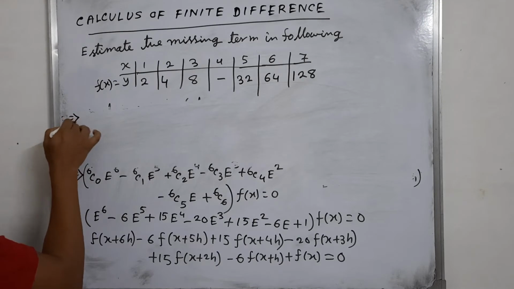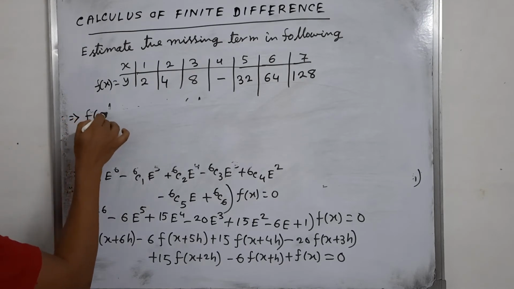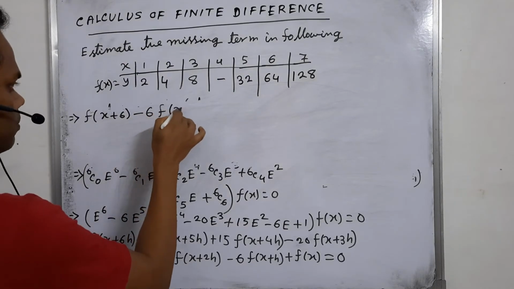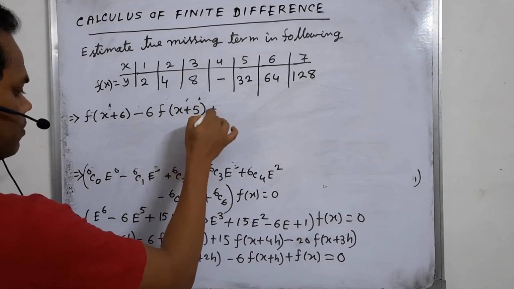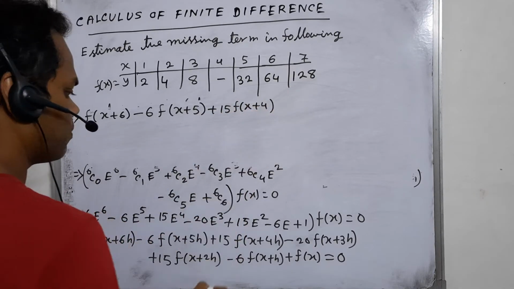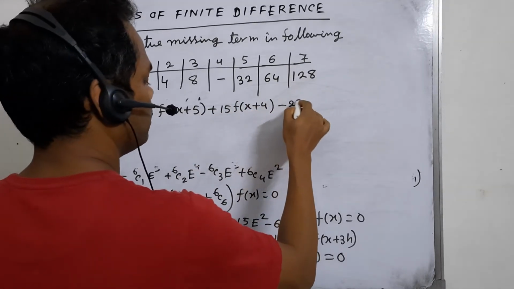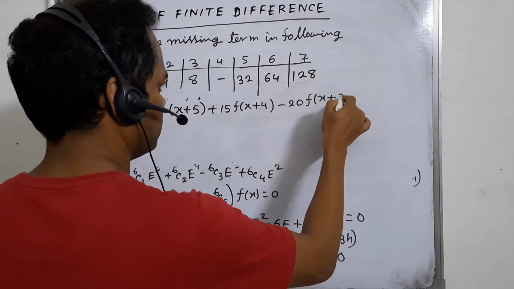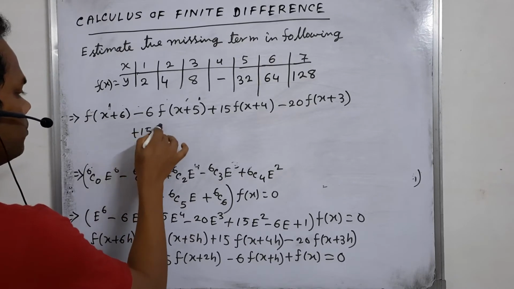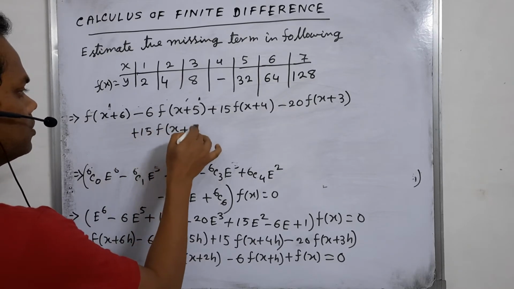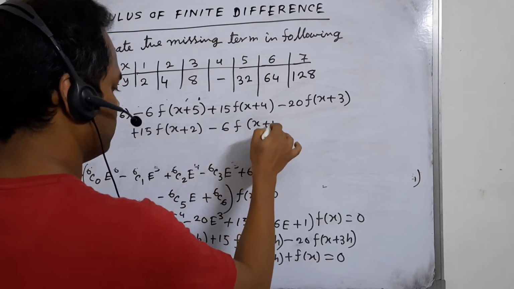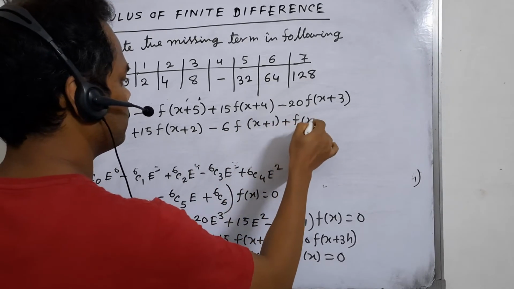So this becomes f of x plus 6, minus 6 f of x plus 5, plus 15 f of x plus 4, minus 20 f of x plus 3, plus 15 f of x plus 2, minus 6 f of x plus 1, plus fx is equal to 0.